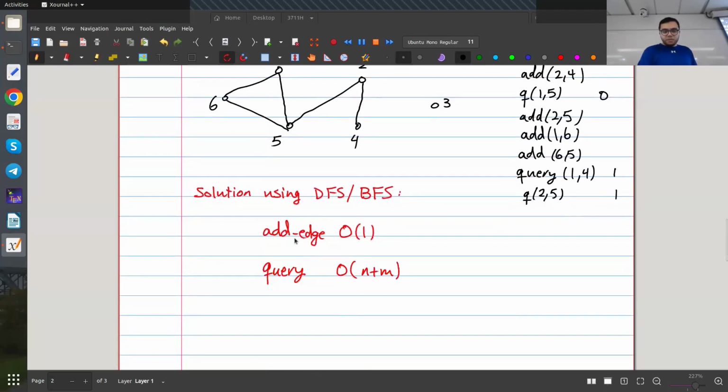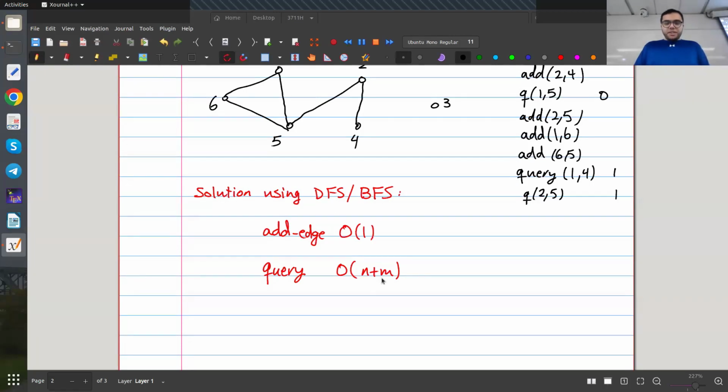But this would increase the runtime of add edge, because every time I'm adding an edge, I'm also doing a query before. But now when I'm doing the query, I know that the number of edges is at most n-1, because I have a forest, a forest is a bunch of trees, and a tree on n vertices has at most n-1 edges.